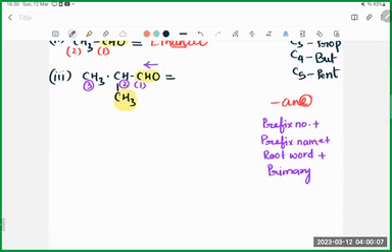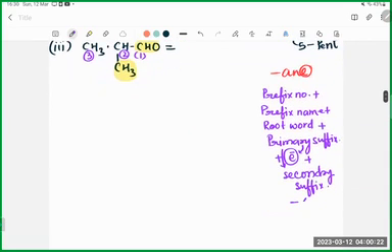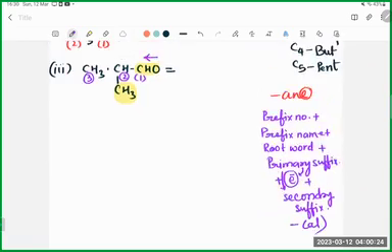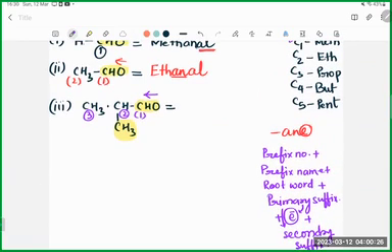Primary suffix means that is alkane, alkene and alkyne. Then E will be dropped by adding the secondary suffix. So here the secondary suffix is AL. Now you do. Go ahead now. This is the naming rule.